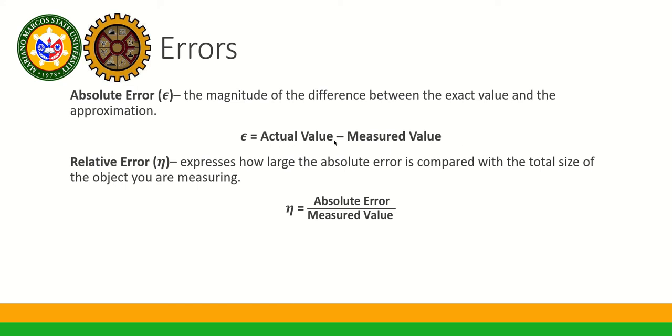Exact or actual, and approximation or measured. And relative error naman expresses how large the absolute error is compared with the total size of the object you are measuring. Ibig sabihin, absolute error over the measured value.